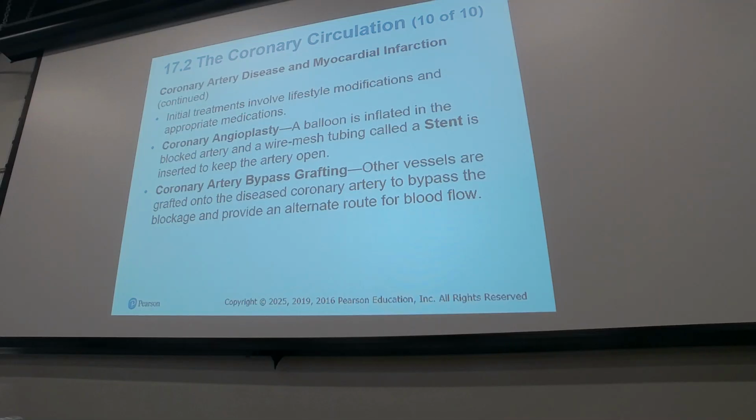If the obstruction cannot be relieved, they can take a piece of vein, one of these major veins like the greater saphenous vein in our leg, and put it in between the normal area and the obstructed area, so that blood can flow from the normal area into the area that was obstructed, so that the person has an alternate route of blood.